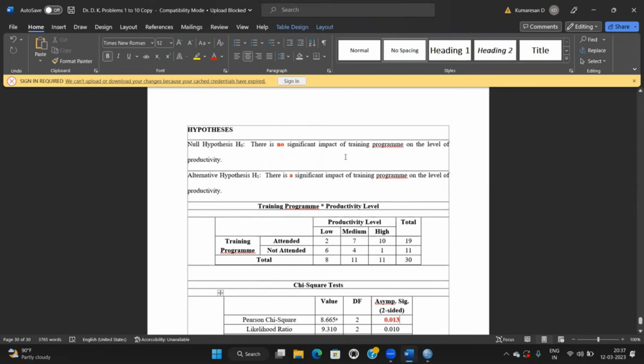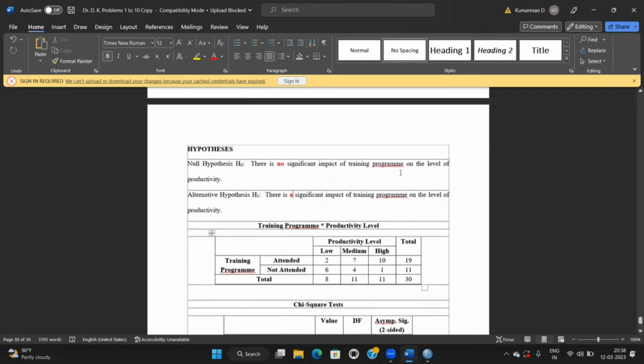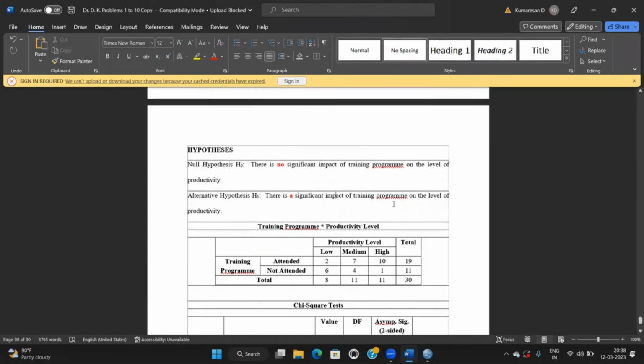If the alternative hypothesis is accepted, it is concluded that there is a significant impact, or the training program is successful in increasing the productivity. That conclusion cannot be made now. Now we can say that there is a significant impact, whether the impact is positive or negative.